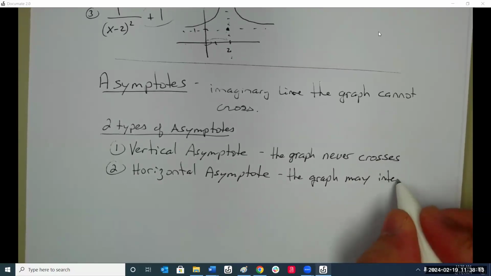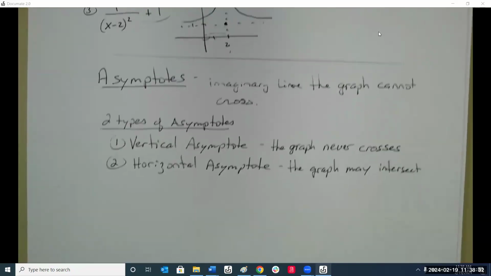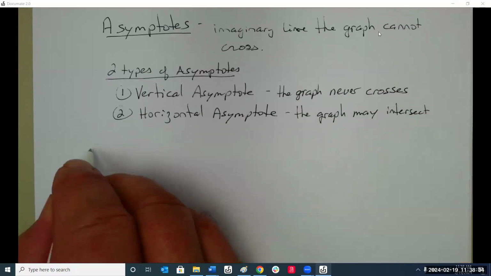But it is possible that the graph may intersect or cross a horizontal asymptote, but it will taper back down to that asymptote. So let's look at the verticals.